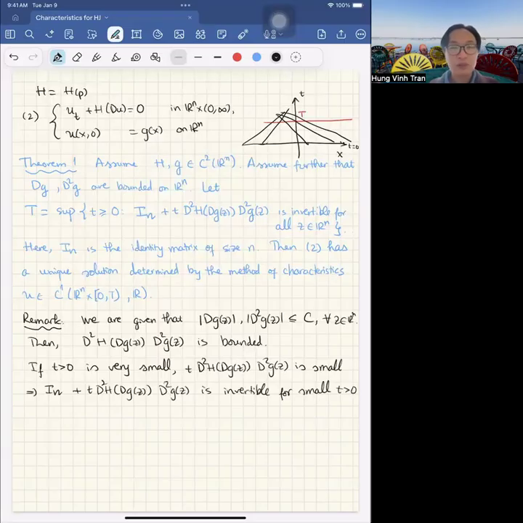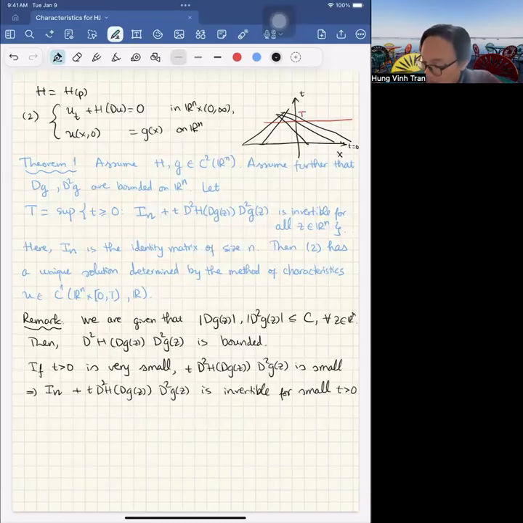So what is the problem is that as t gets bigger, maybe there's a threshold, big capital T, so that it's not invertible anymore, and that is our capital T. But for small t, it's always invertible, meaning that our problem is solvable at least for some positive time.